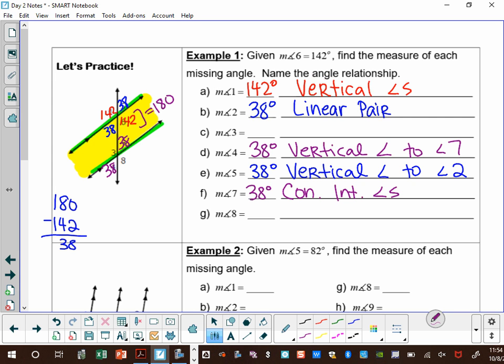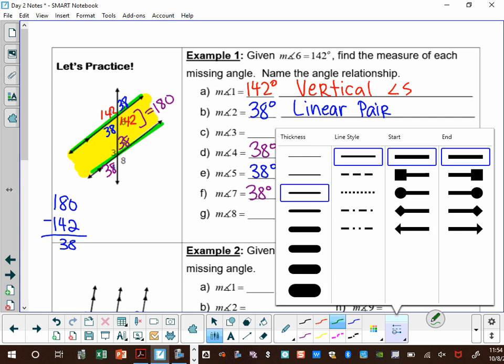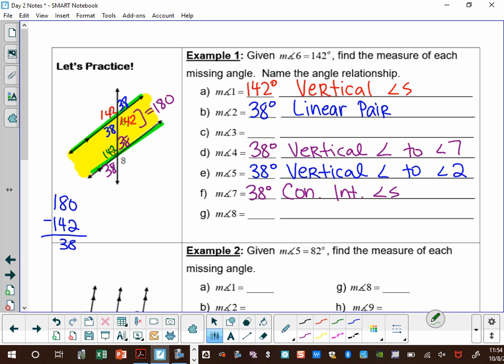What could angle 3 be? Okay, that's going to be 142. And you have two different options you can do. We have many options. Angle 3, we could say, is a linear pair. But let's compare angle 3 to angle 6 for this one. What's special about angle 3 and 6? They're both in the interior. What's that relationship? They're on opposite sides of the interior.